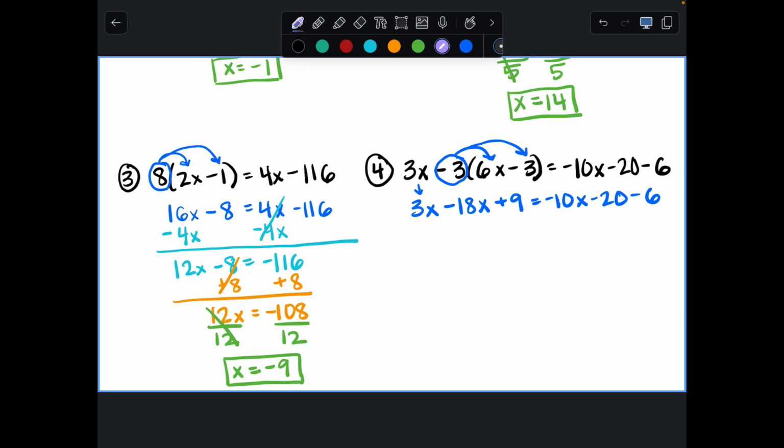Now I can combine like terms. Remember, they have to be on the same side of the equal sign to combine them. So I can combine 3x and negative 18x. That's negative 15x. And on the other side, I can combine negative 20 and negative 6. So negative 10x minus 26. I'm going to eliminate x on the right side, add 10x.